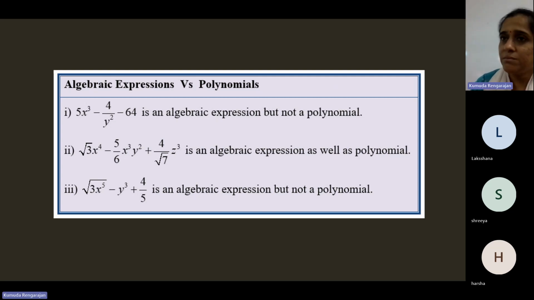Zero is called the zero polynomial. That's all. You can't say, give examples of zero polynomials. This number zero is called the zero polynomial. Then what about constant polynomial? Every non-zero real number is a constant polynomial.